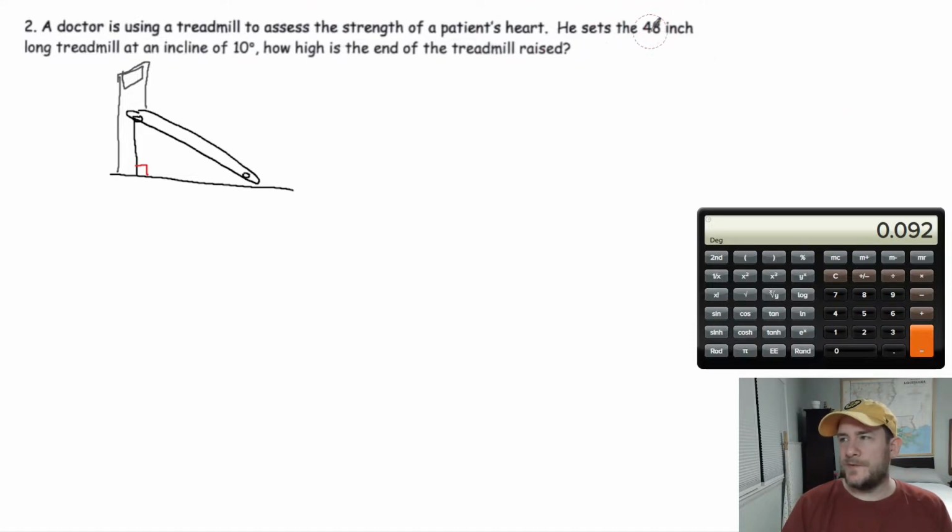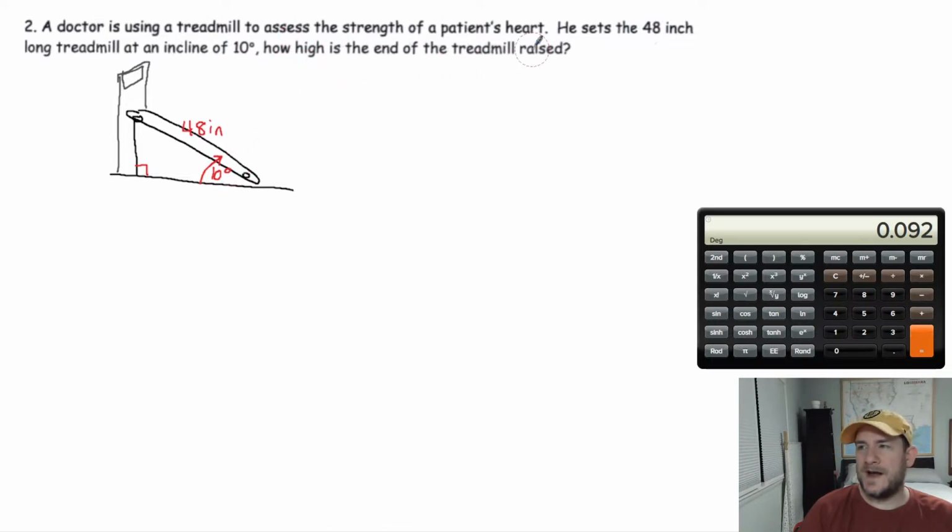What do we know? They told us the treadmill was 48 inches. 48 inches to me then is this dimension. The treadmill is the part that you run on, so this length, I'm sure, is what they meant to be 48. It says he sets the 48-inch long treadmill at an incline of 10 degrees. A 10-degree incline would mean this angle measure is 10 degrees.